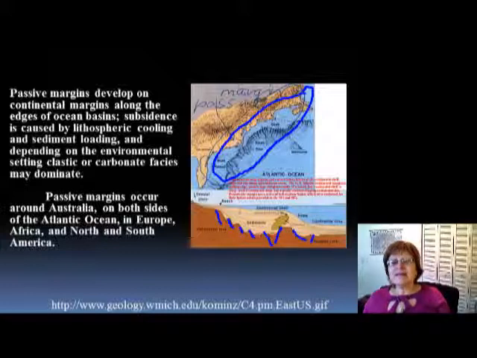But then it filled up with sediment, and now we have the mid-oceanic ridge activity somewhere far away, and here we have typical passive margin. Usually on the passive margins, you will have mature sediment if it's a big continent, and the sediment is being deposited on the top of the original normal faulting area.